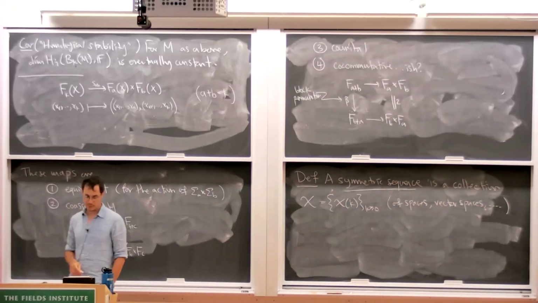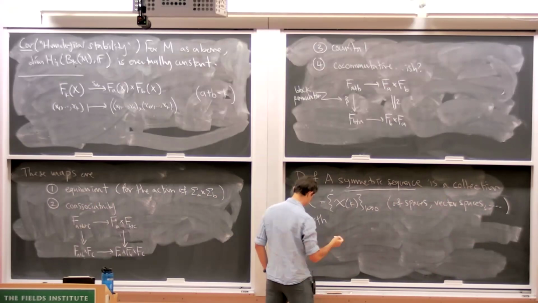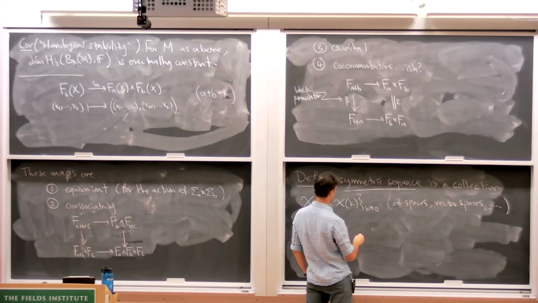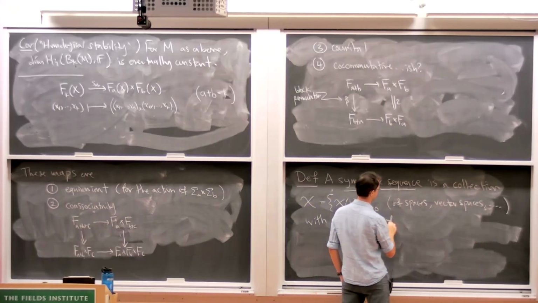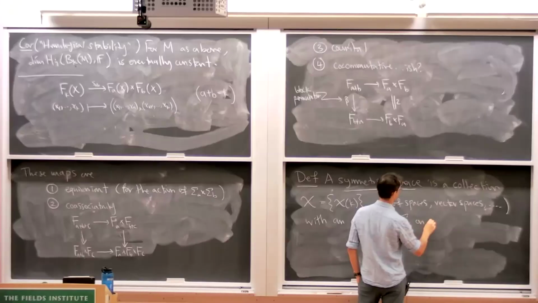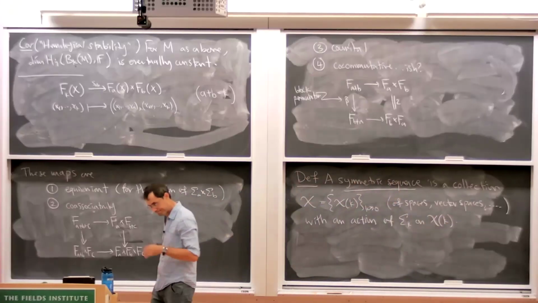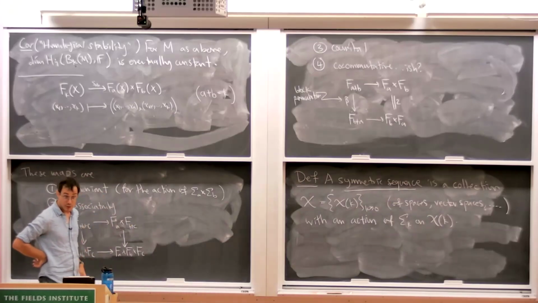Okay, you can talk about symmetric sequences in any of those places. And what makes it a symmetric sequence is that the kth one carries an action of sigma k. And a map of such is just a collection of equivariant maps.